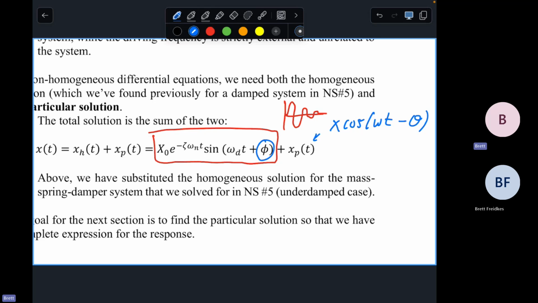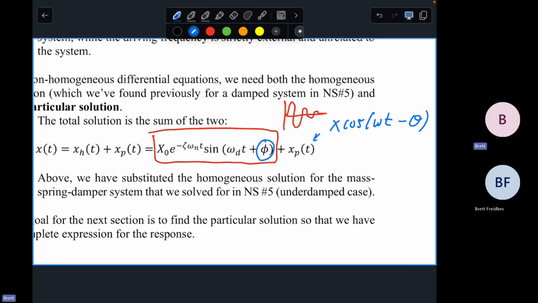What about the phi? Remember that it is a phase. That's right. But what does it mean? And again, it's not really a physical thing. What is the purpose of that phase? No, not that. I wouldn't say that exactly.